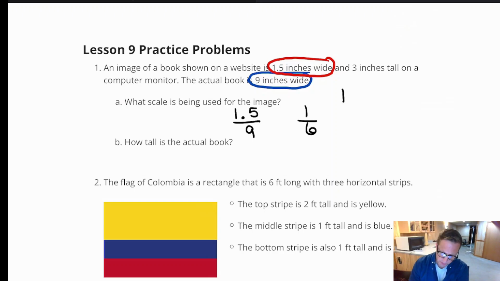We can also state this, that 1 inch equals 6 inches for the real thing, and this is the scale, of course.